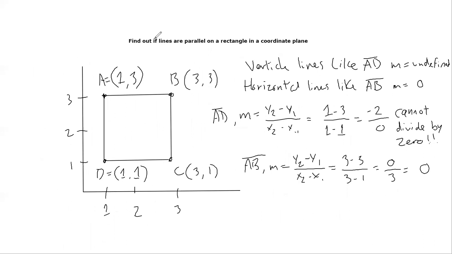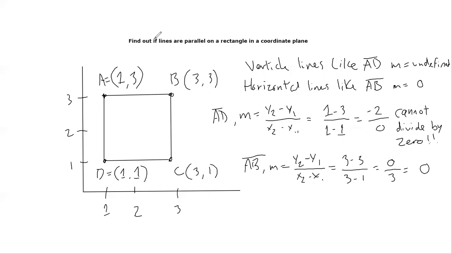There's a question on there that is saying, what if we had a rectangle on a coordinate plane and it looked like this, and we wanted to know the slopes of all the lines?